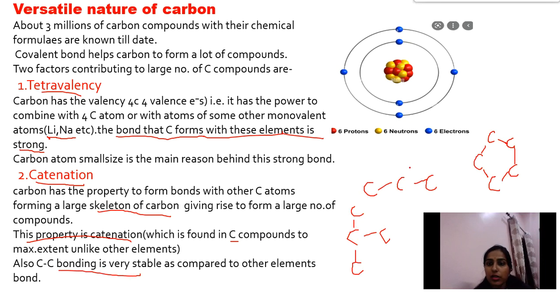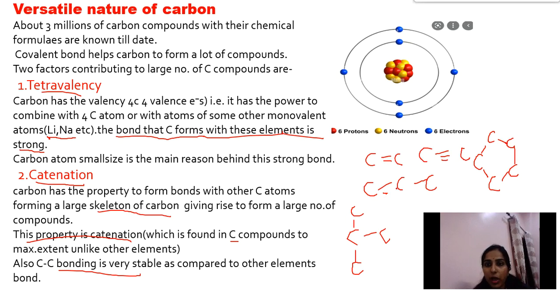These are single bonds. You can see here, this is single bonding. Also, there are double bonds between the carbon atoms, or there are triple bonds between the carbon atoms. So, the compounds which have single bonds between the carbon atoms are called saturated compounds.